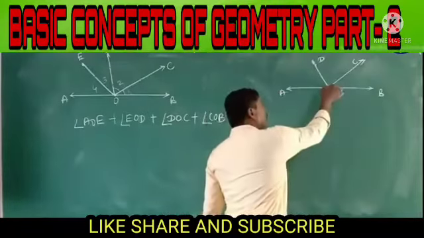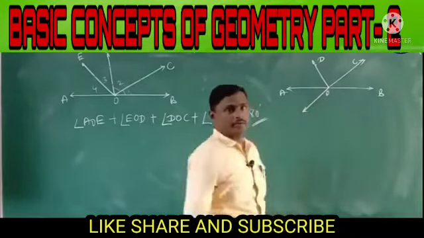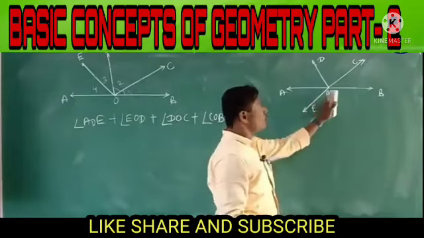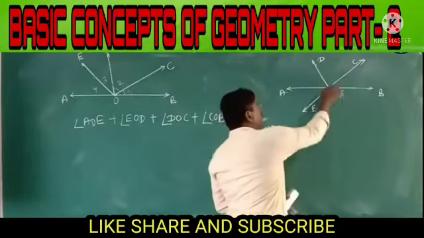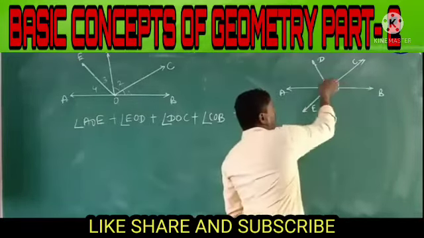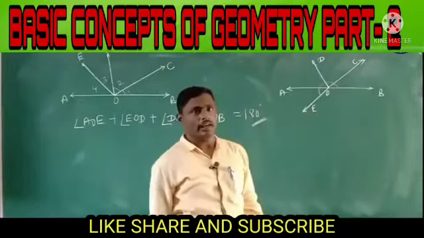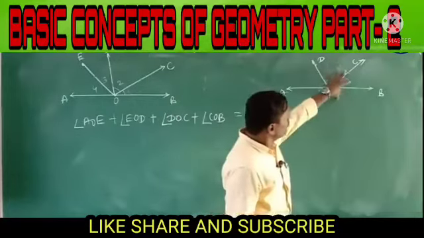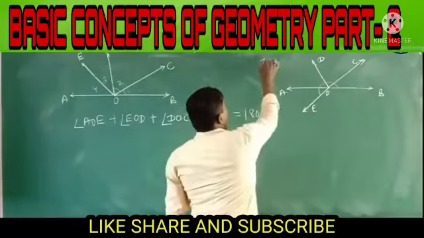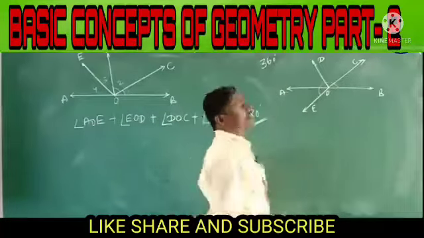If I take one more angle here, the ray OE makes an angle which is more than 180 degrees. Listen here, this is the angle, right? So the sum of all these angles is equal to 360 degrees.